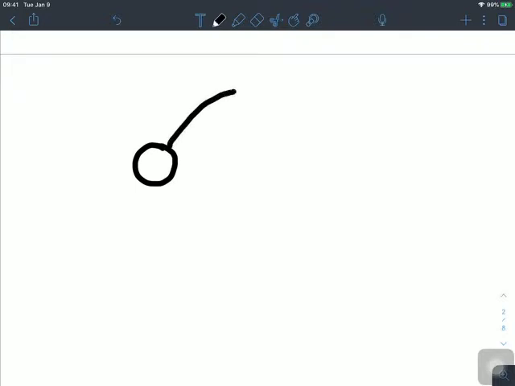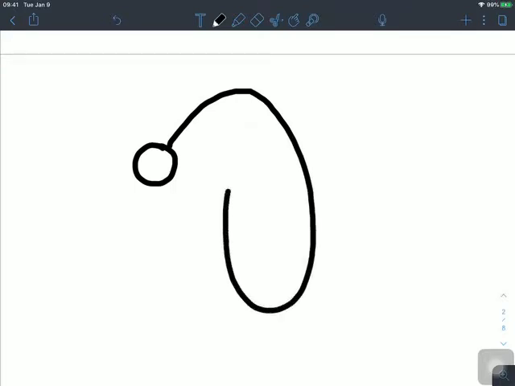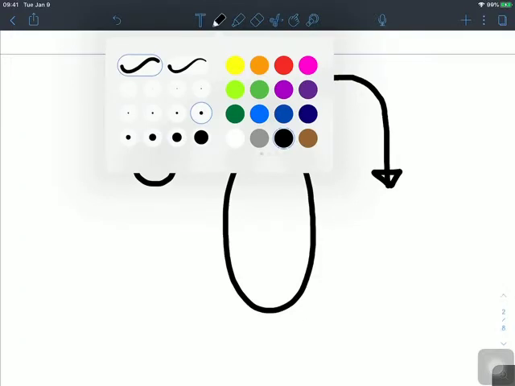We then go to the proximal convoluted tube, descending loop of Henle, ascending loop of Henle, distal convoluted tube, now into your collecting duct. So that's the anatomy of the thing. So let's go ahead and label everything.